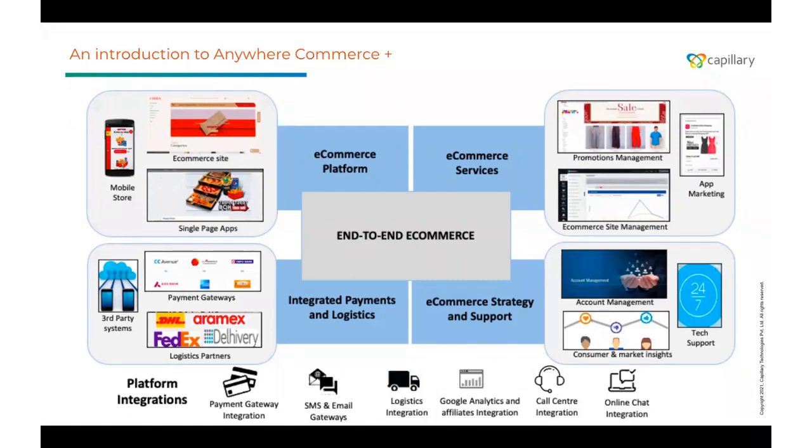And the next section is the account or e-commerce strategy and support, which is the account management team, who would deep dive into the brand's insights and give actionable items so that the business could improve, and at the same time integrate with a lot of third parties on how to achieve those.